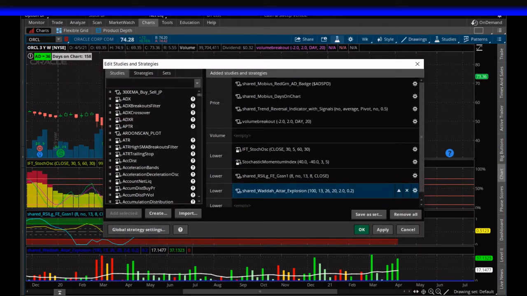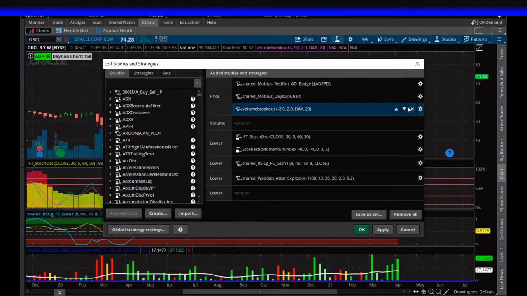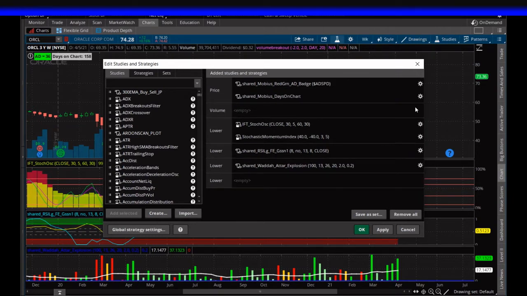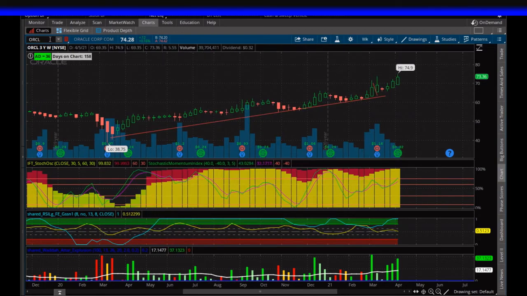All right. Now, what do we have up here? Let's get rid of that. Let's get rid of this. And looks like we've got days on the chart and looks like the AD badge. Okay. All right. And let's go for Apple.